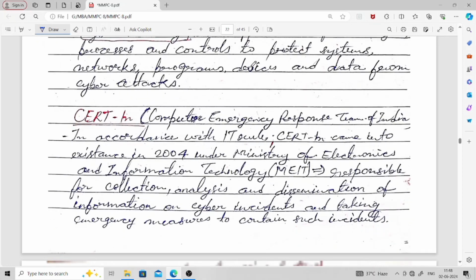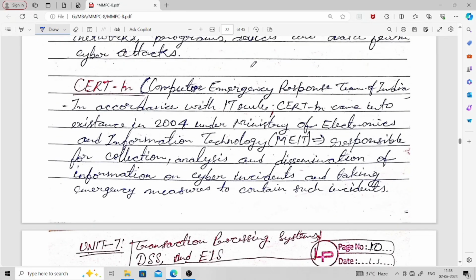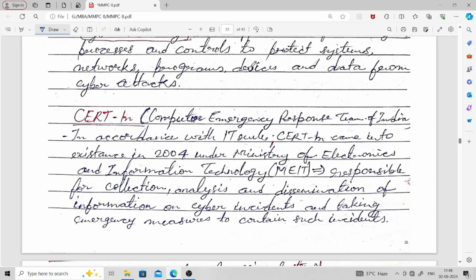Then you have CERT-In, that is the Computer Emergency Response Team of India. What is this CERT-In? This is the full form of CERT: Computer Emergency Response Team of India.